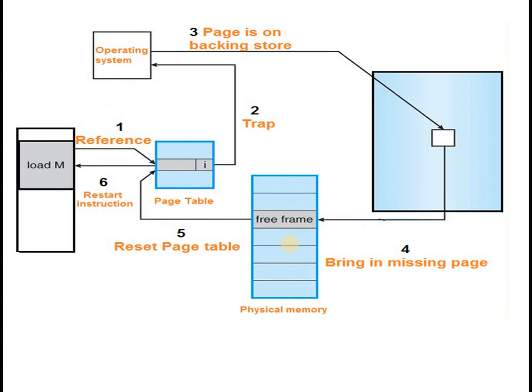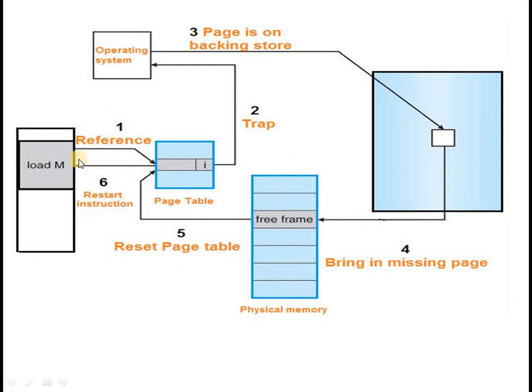After that, when the IO operation is done, a new frame number will be added in the process page table and the invalid bit is altered. Now this is a valid page reference, and then if any further page fault is found, it resets from the start, meaning it again starts from step 1 to step 6.